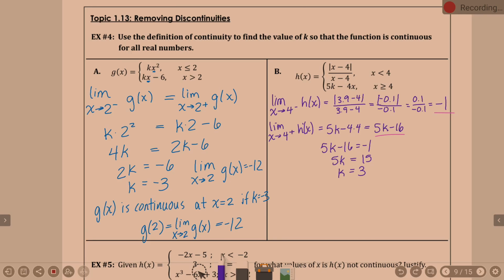So what do I want to say? h of x is continuous at x equals 4 if k equals 3.